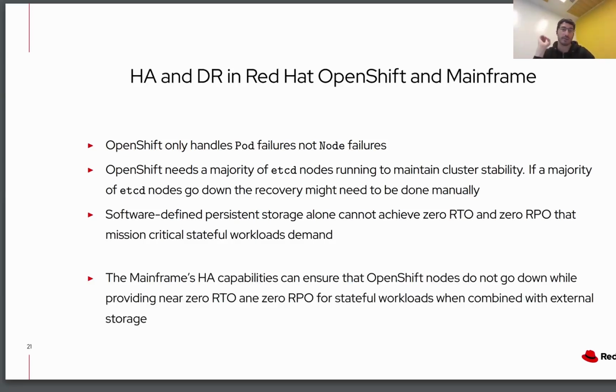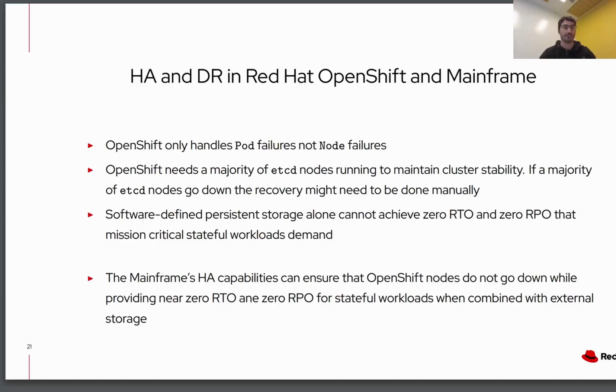So the mainframe HA capability can, I think, solve all those 3 major issues that an architecture based on Kubernetes has, because obviously you would have RPO0, RTO0 that can be done. But also at the same time, if some pod goes down, you can have the mainframe systems restarting it or ensuring that it never goes down in the first place.